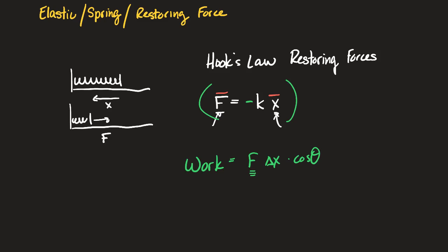And in this case, it takes an ever-increasing force to compress a spring. So our rules won't work. We need calculus, actually. So I will just tell you without proof that the work done in compressing a spring is minus 1/2 kx squared. Which means elastic potential energy is 1/2 kx squared.